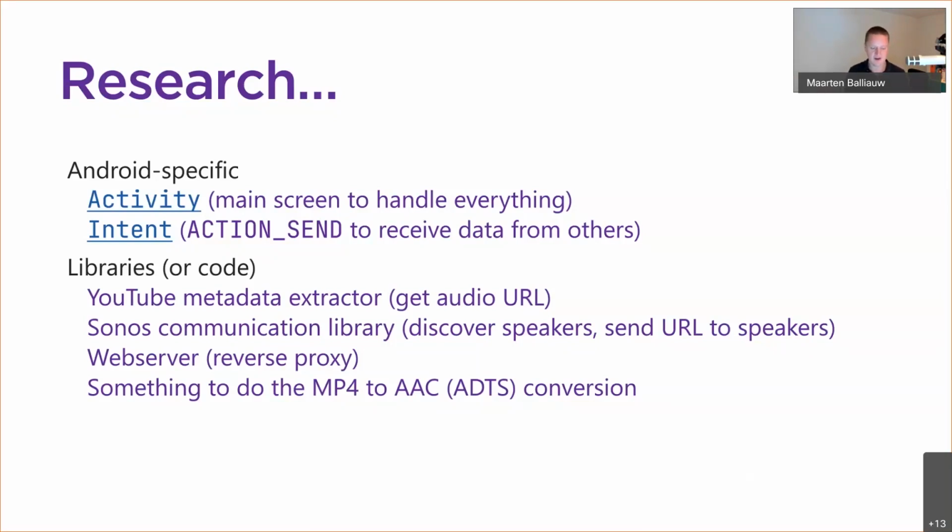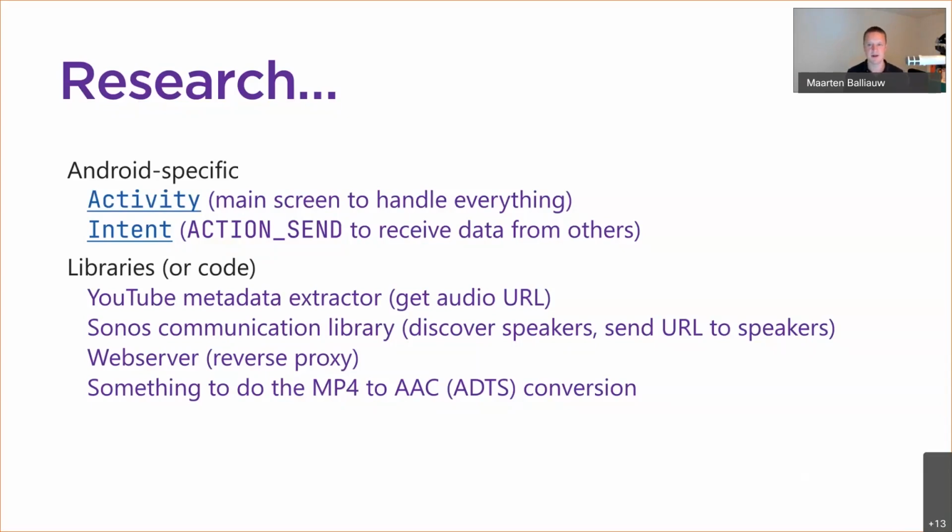I also found a library that could run a web server, which I could then use as a reverse proxy. And then the only thing that I needed was something to do the MP4 to AAC or ADTS conversion. I found a couple of things that could work, but it looked like this would need some experimentation. But still, I started with the application itself because I knew this was going to work at some point.